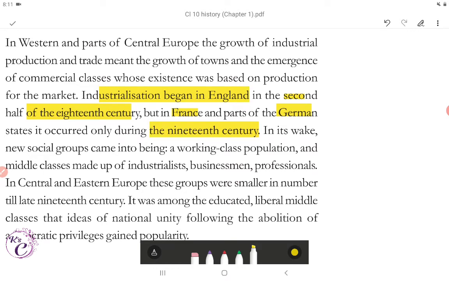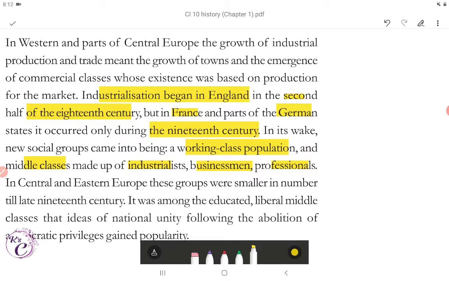In its wake, new social groups came into being: a working class population and middle classes made up of industrialists, businessmen, professionals. In Central and Eastern Europe, these groups were smaller in number till late 19th century.